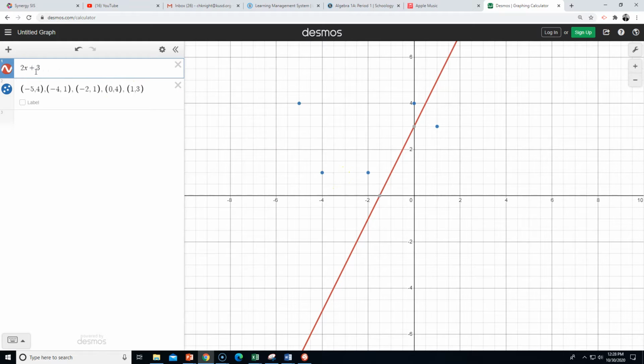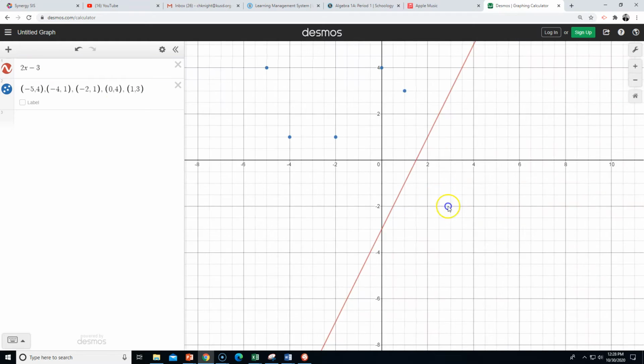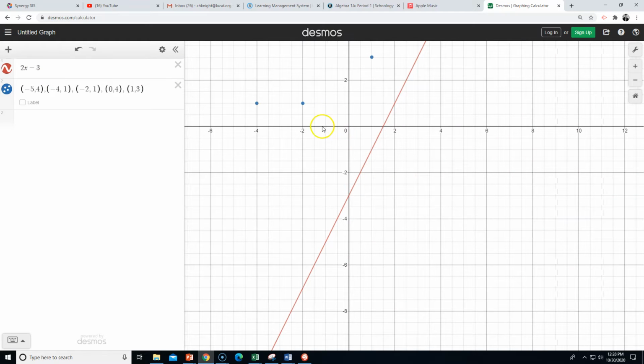My apologies. This was 2x minus 3. Now let's find -1, -5. So -1, -5. Yeah, it's right about there. Okay? Cool. So we have that point, but next to it you can see there's -1.01 and -5.02. What the heck?